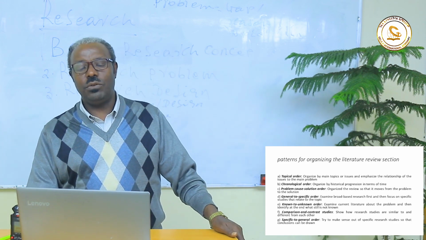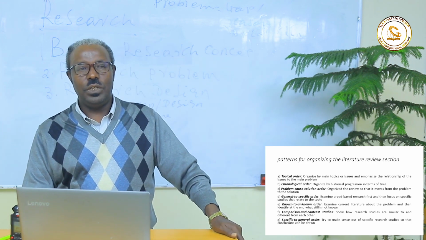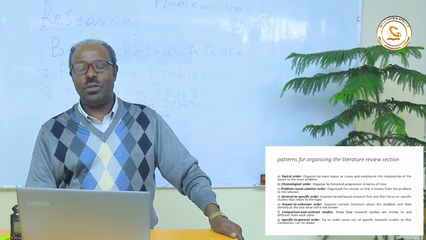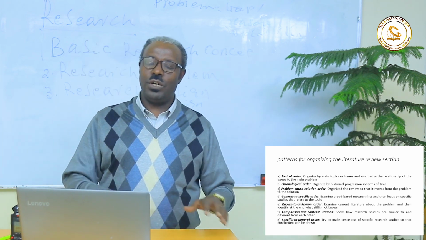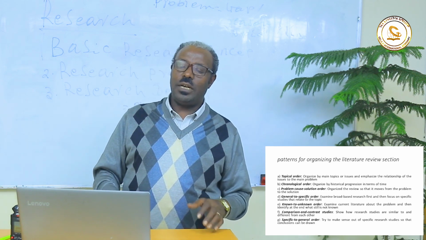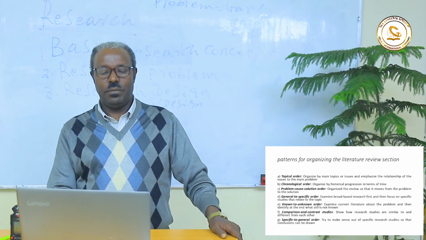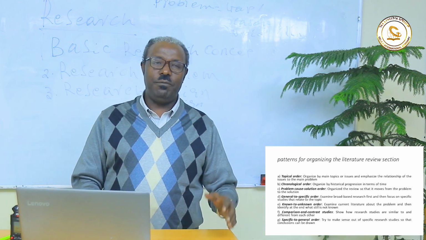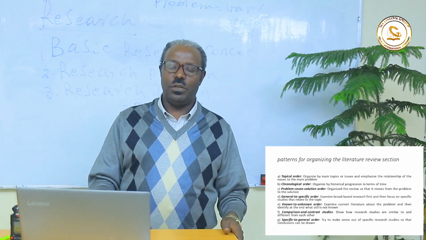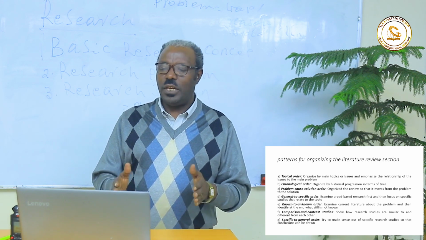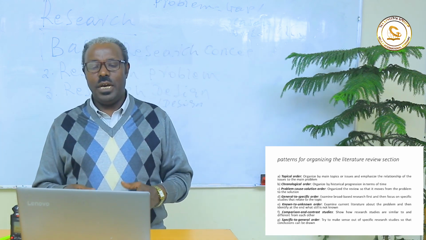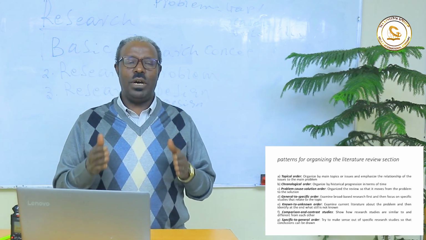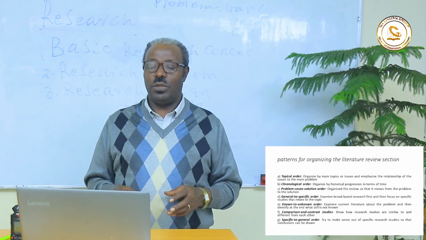There are patterns of research. When we see the section of literature, organized literature, there are some patterns. Page 12, 13, 14. The first one is topical order. When you see the literature review and when you organize the literature, you have to understand the topical order.